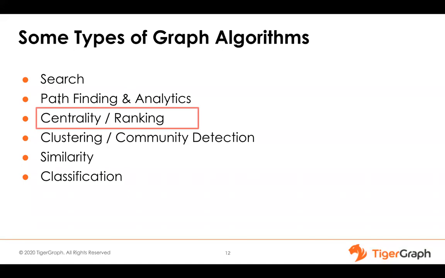And this week, we're going to look at centrality and ranking. That's where, if you look at the set of scores for centrality, which ones are the most central. And we'll actually see that this is building on top of shortest path algorithms. That's one reason why we did shortest path first and then did centrality.